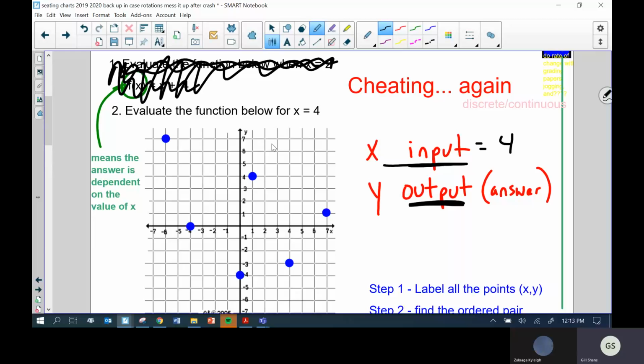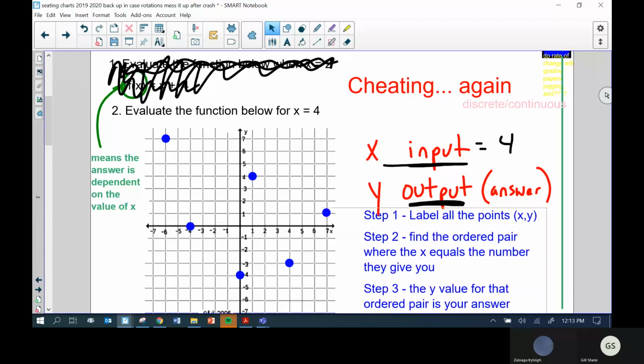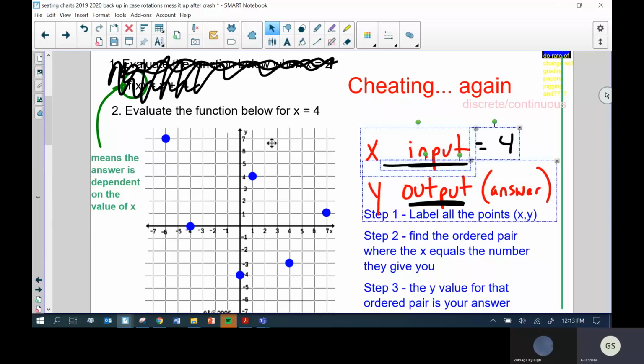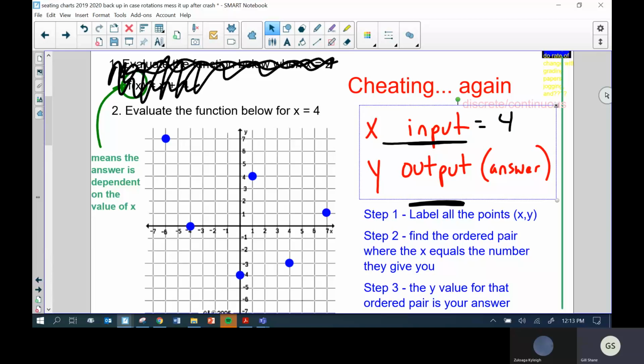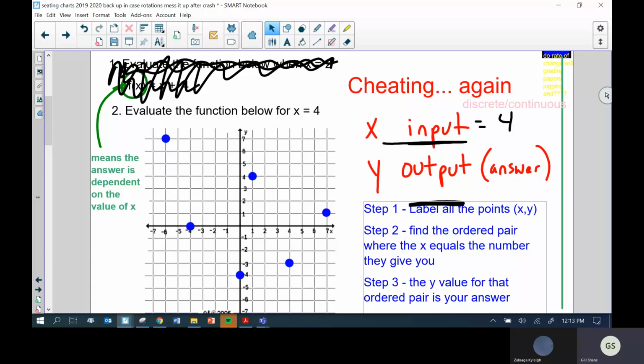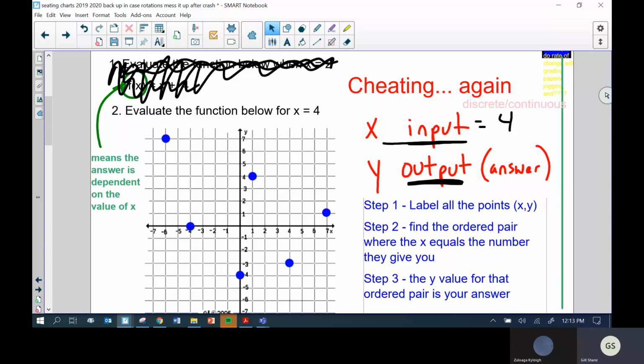Well, here are the steps that I'm going to tell you to do. Let me get this stuff out of the way a little bit. There. Those are the steps.